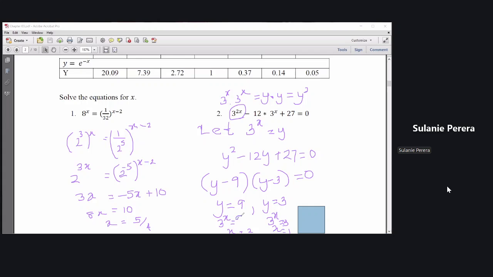It's 9. 9 is 3 square. Here 3 to the x is 3. X equals 1. Any questions?